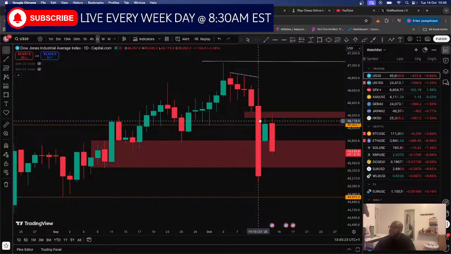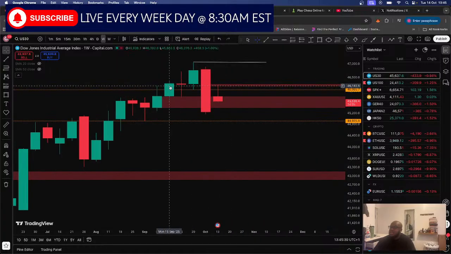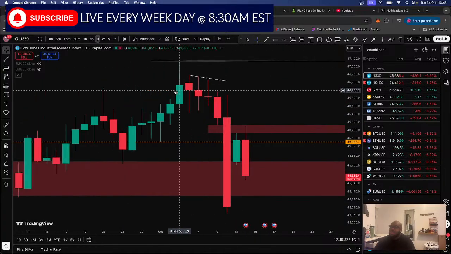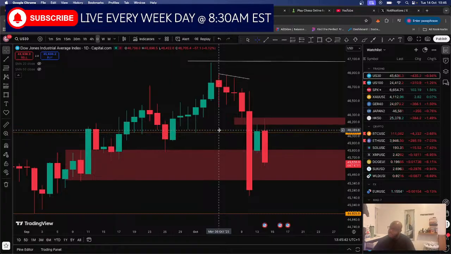We had this fair value gap swept, and now it seems like our weekly order block is going to be held. So I was right in exiting my position. I would have usually taken off half the position, but given my experience I decided to take off the full position. So yeah, that's what's happened yesterday.